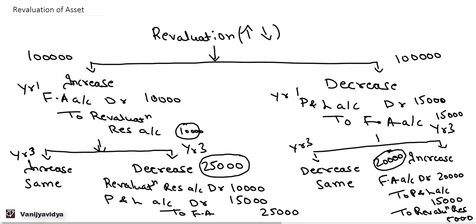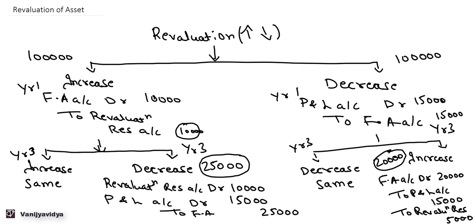So this is how we treat the revaluation of an asset. Whenever there is an increase in the revaluation, we take it to revaluation reserve. Whenever there is a decrease, we charge it directly to profit and loss account. But for subsequent increases and decreases, we need to see what treatment was given earlier.